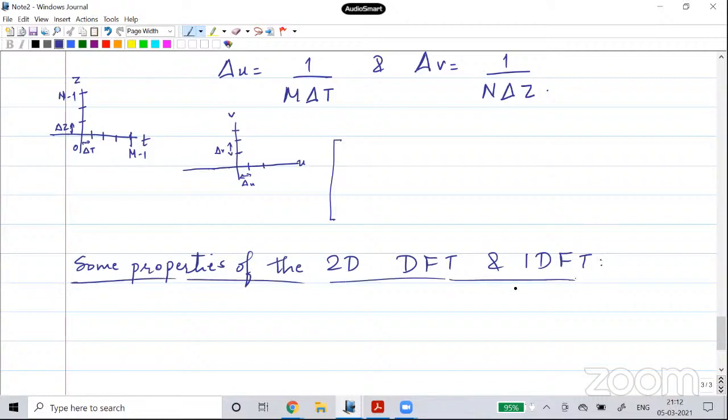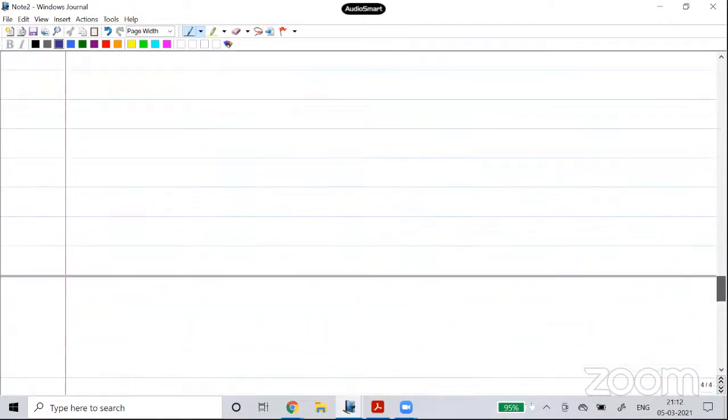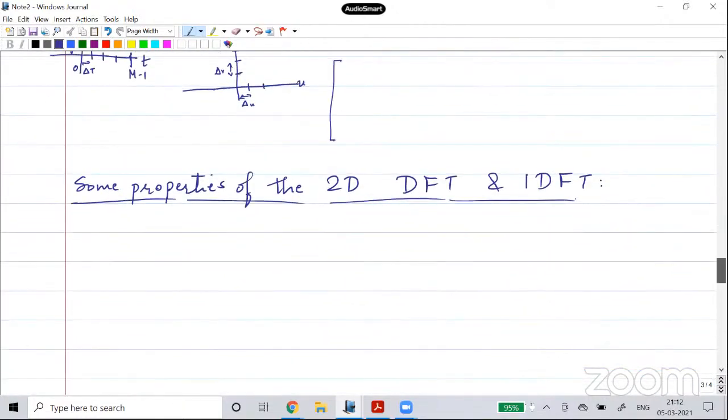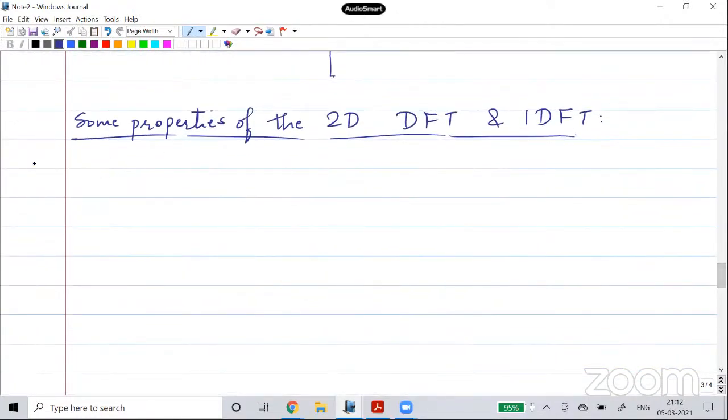I'm going to list them, write or describe these as briefly as possible. You can read more details whenever the need arises. I've tried to collect the most important ones. There are a lot of these properties.